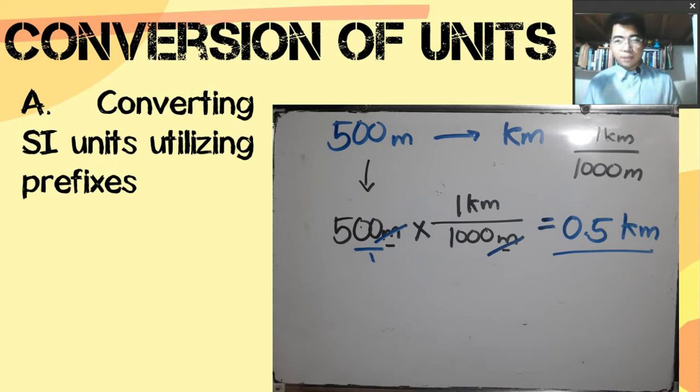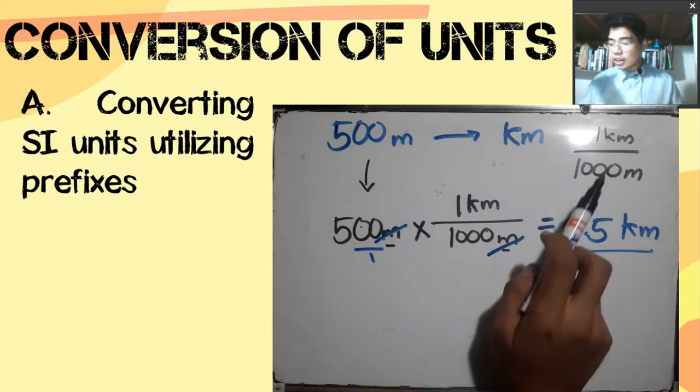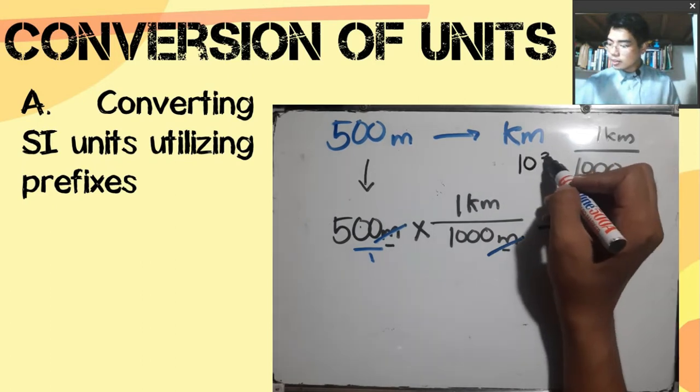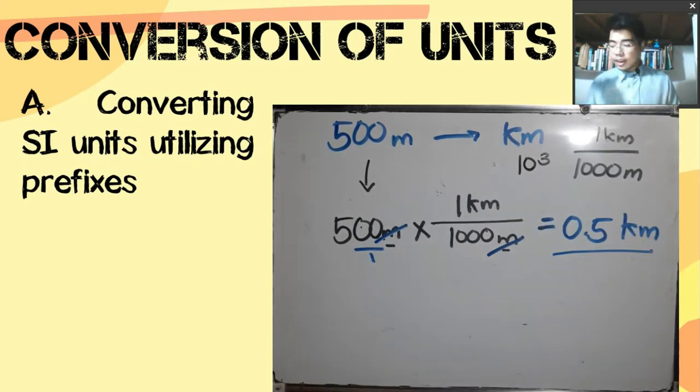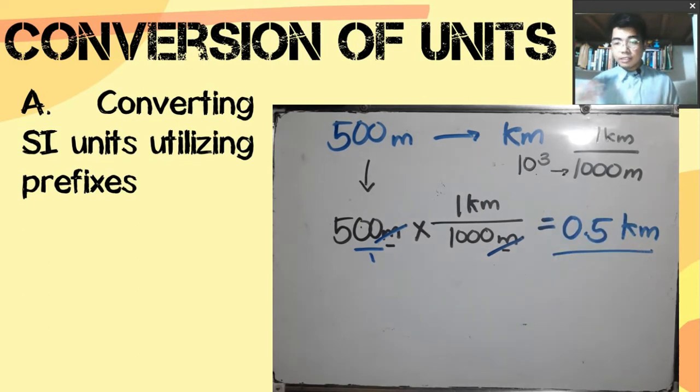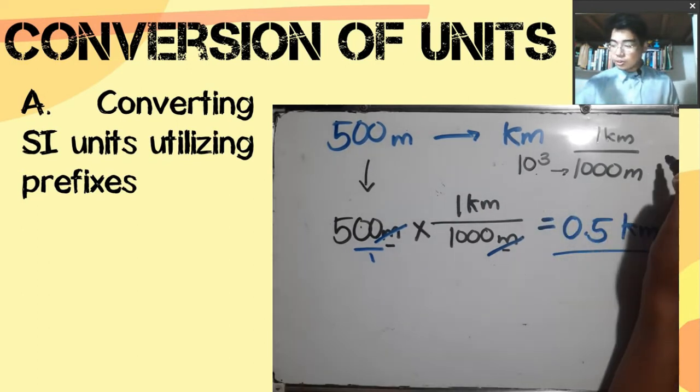It is 0.5 kilometers. For you to also check this, remember that kilometer is also equivalent to 10 raised to 3. And if it is present on the denominator, it will be equivalent to its negative value, which is negative 3.